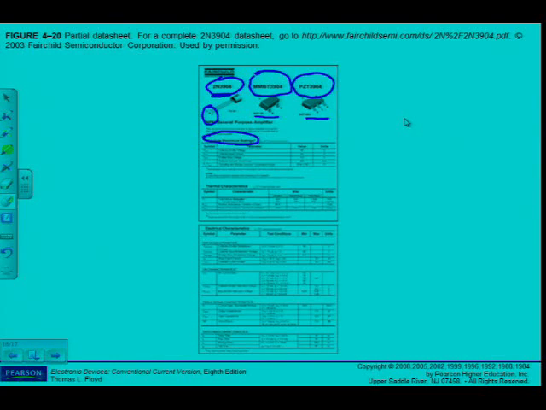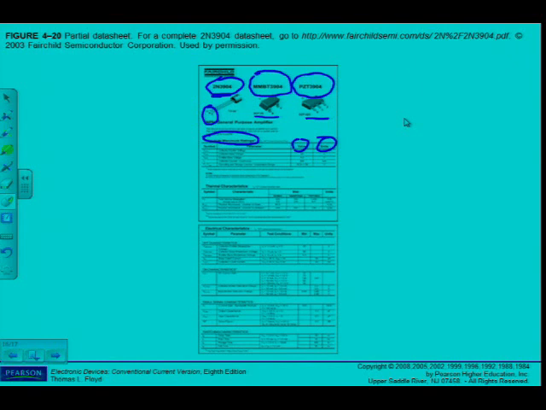The first one, VCEO, that's the collector emitter voltage, and then next to it there's the value, and then very important of course is also the unit. So I can see the collector to emitter voltage, and remember these are absolute maximum voltages. The value is 40 and the unit is volt. The next one is VCB, the collector base voltage is 60, unit is volts, and so forth. Emitter base voltage 6 volts, and so forth.